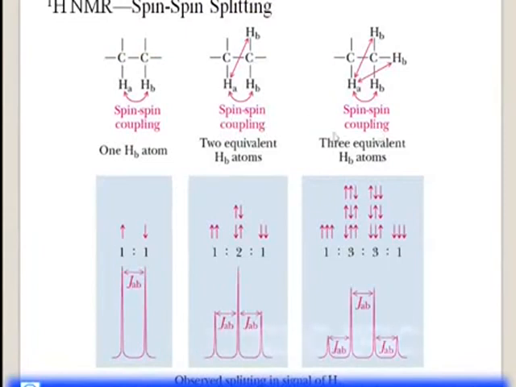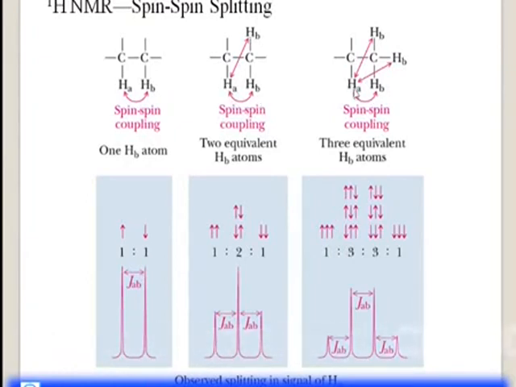Again, you can see over here the spin-spin splitting. If we see this proton, it will split due to this proton. If we see this proton, it will split due to this proton. So we will get this kind of splitting. And here you can see two equivalent protons have this kind of environment, so coupling will take place with this proton as well as this proton.